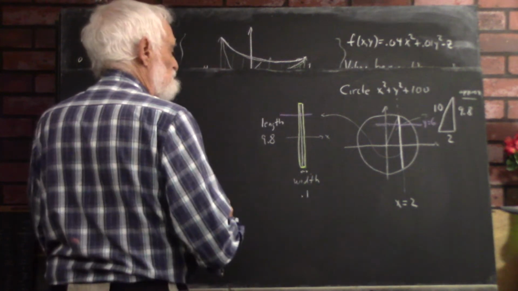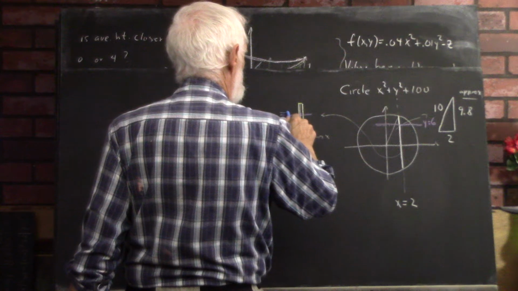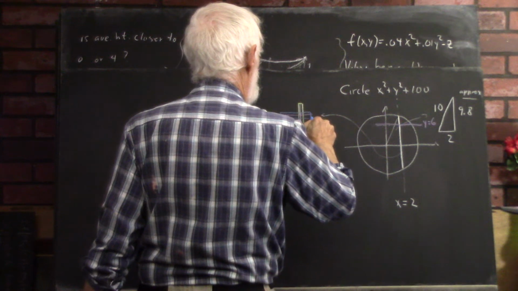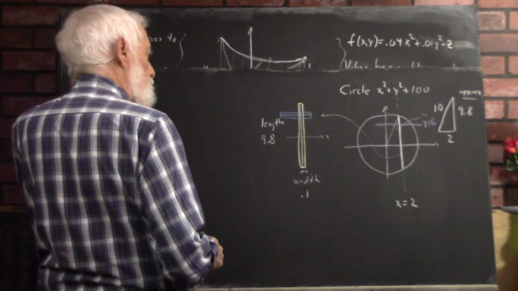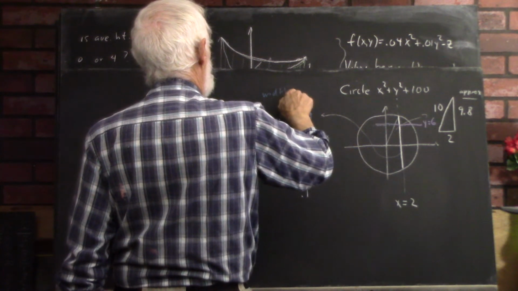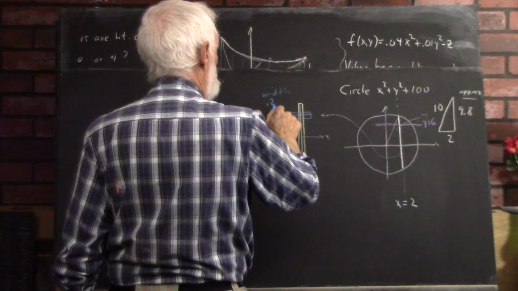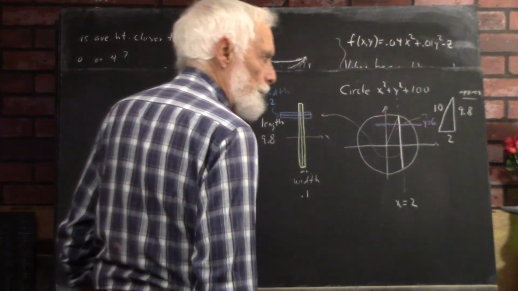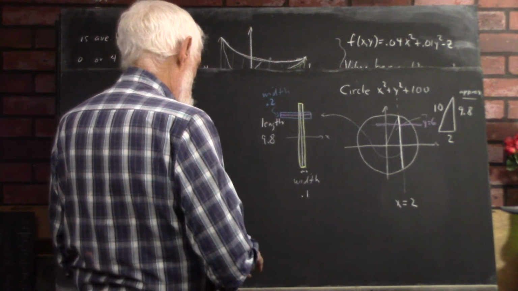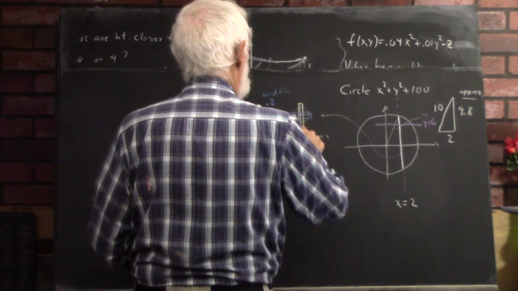Okay, I'm also going to take a strip around this line and that strip is going to have width 0.2. Now let's just focus on this little region here.